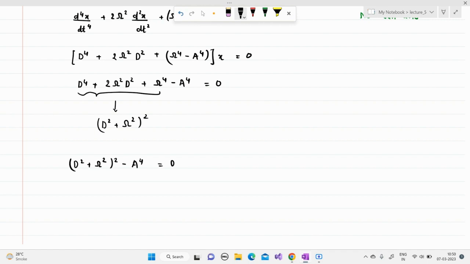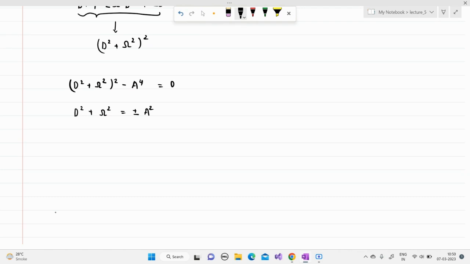Okay, and now we have to simply find the roots of this equation. So it will be D square plus omega square is equal to plus minus a square. Now further we have to find the roots, which is nothing but D square is equal to minus omega square plus minus a square.